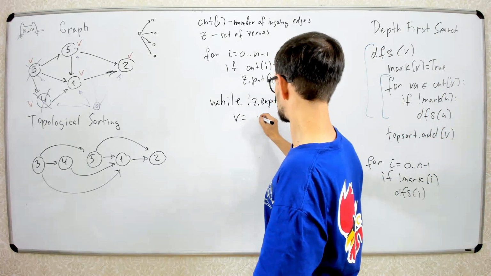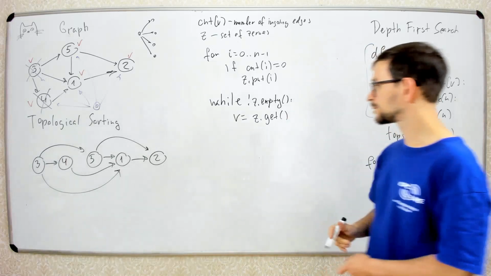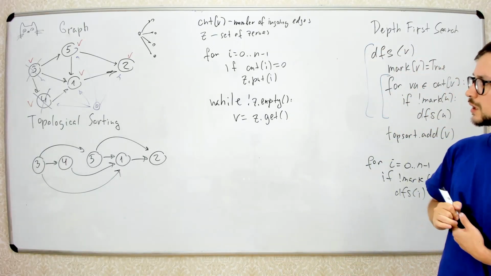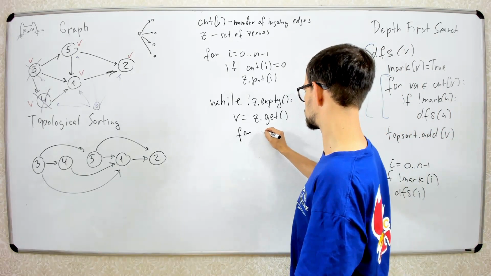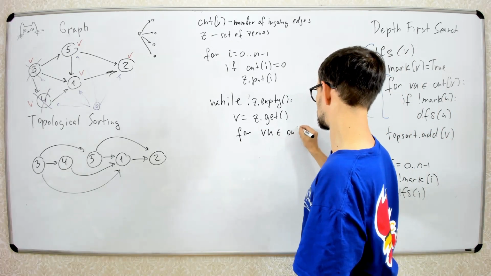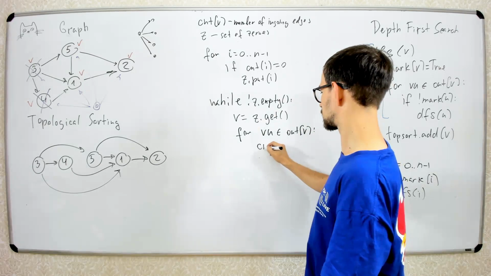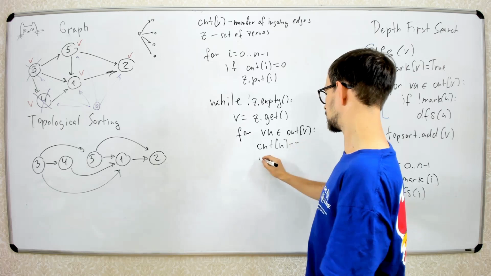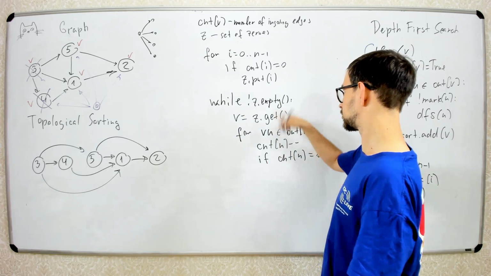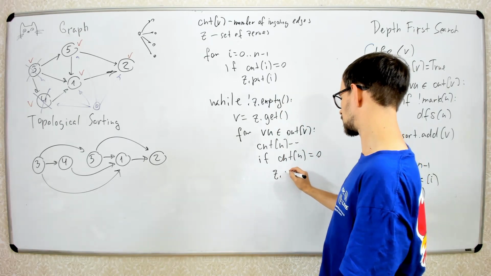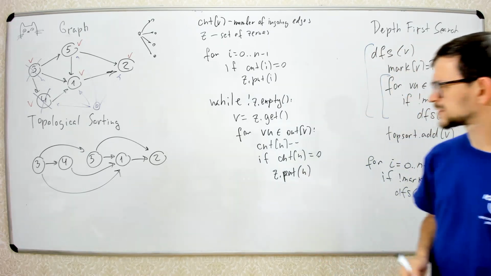Let's take V as get. And iterate over all edges going from this node V and decrease this counter. If it is 0, we add the node to the set. Something like this.